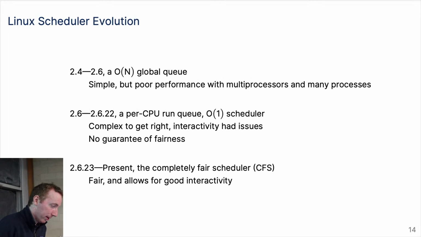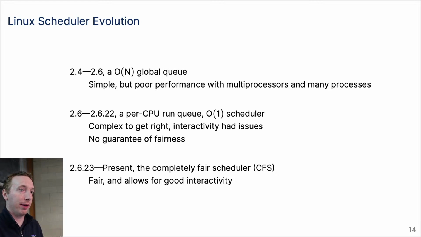Okay, so this is going to be the Linux scheduler evolution. We saw that O(N), that global queue, was simple but had poor performance on multiprocessors and with many processes. Then in 2.6, there's that per-CPU scheduler called O(1) that was fairly complex to get right, had interactivity issues, and had no guarantee of fairness.